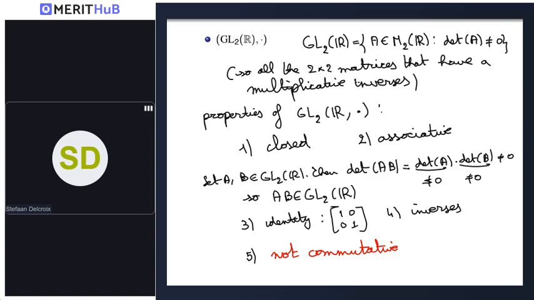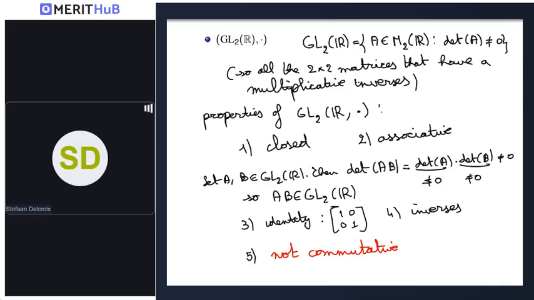Okay, so we're done with the biggest part of it. We're not going to see any new properties anymore tonight. But we've talked about 5 properties: closure, associativity, commutativity, identity, and inverses.